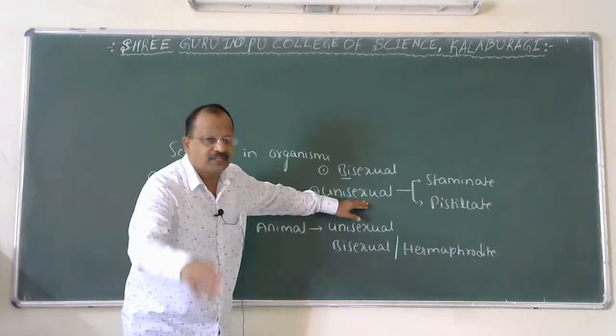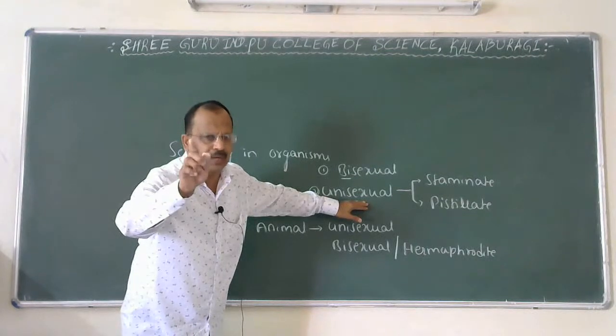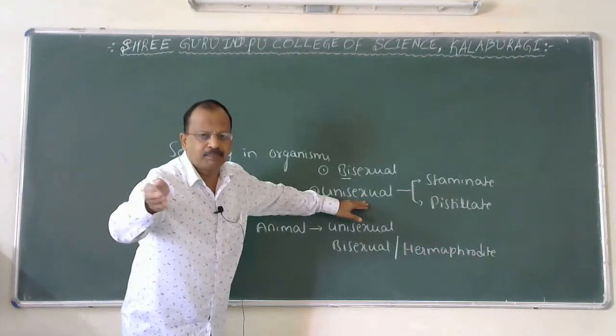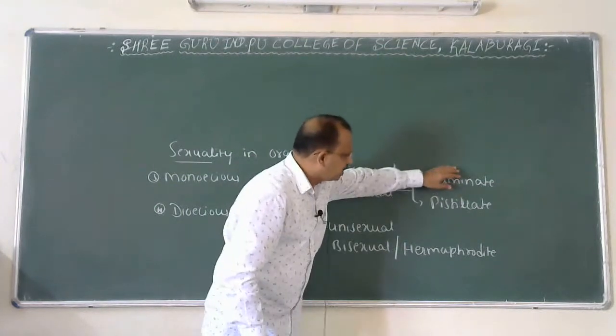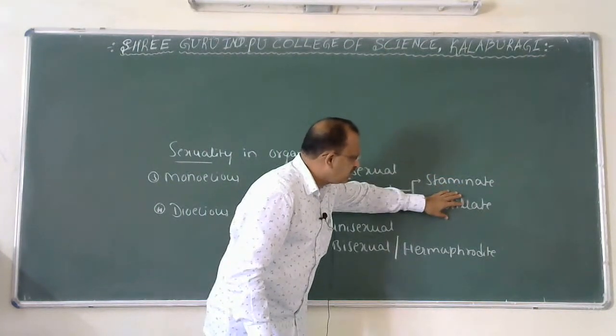Unisexual means the flower is having only one essential whorl. It may be an androecium or gynoecium. They are further classified into two groups, staminate and pistillate.